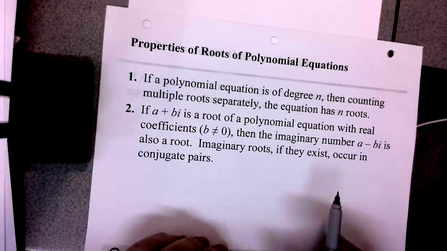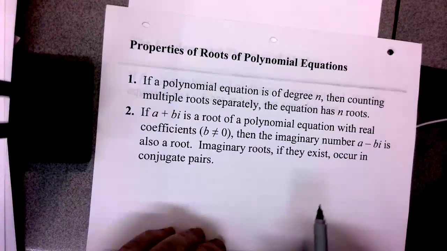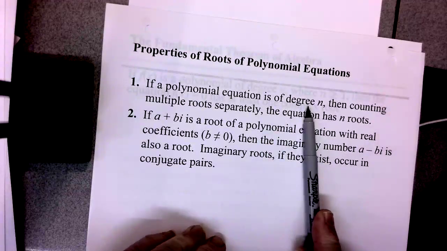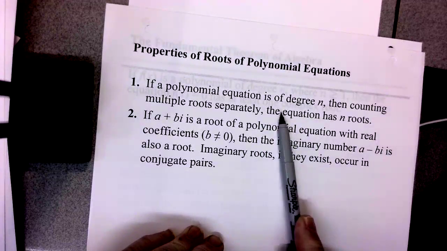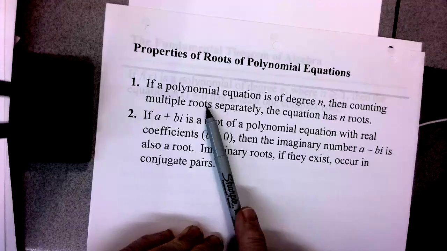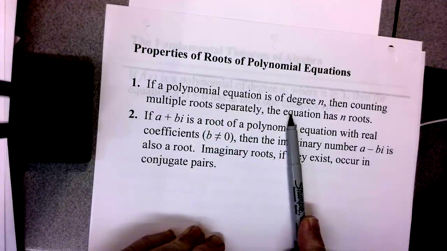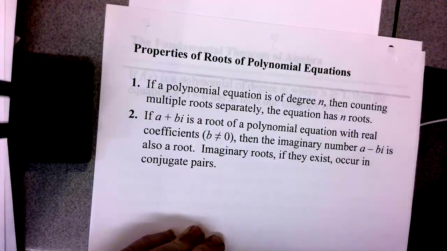Now, this is an important idea, and we'll see this on a couple of slides, but if a polynomial has a certain degree, n, then we're going to find that the number of factors, and you'll see those described as roots, zeros, they may sometimes be referred to as x-axis intercepts, if we have access in the real number system.